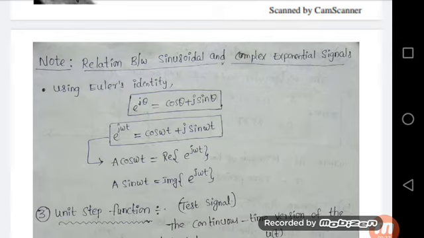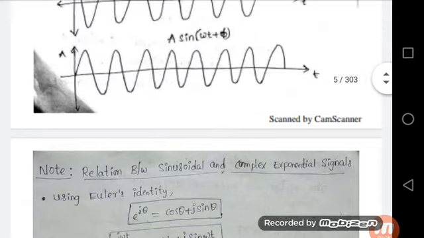Relation between sinusoidal and complex exponential signals, already we know.